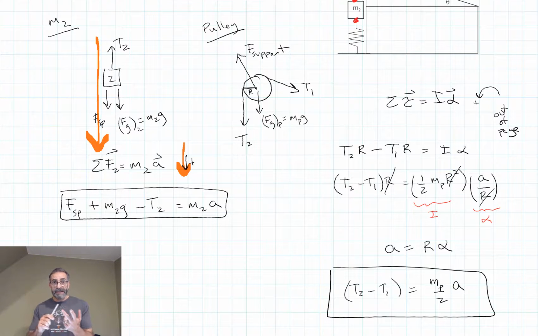So in this case, I had 2 boxes and a pulley, 3 masses. I could solve for 3 unknowns. I start by drawing free body diagrams, and then I say sum of the forces equals ma for things that are moving, and sum of the torque equals I alpha for things that are rotating. And I know there's a link between the two where the rope goes over the pulley.